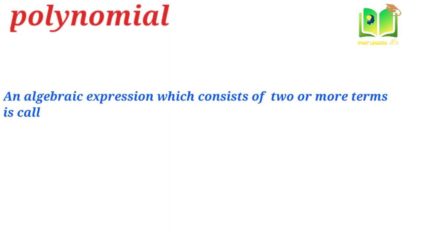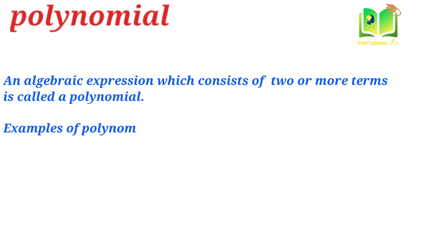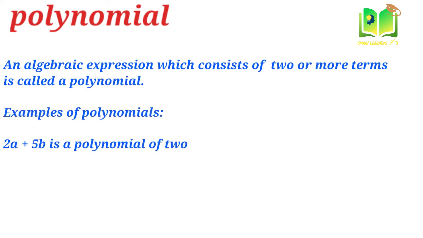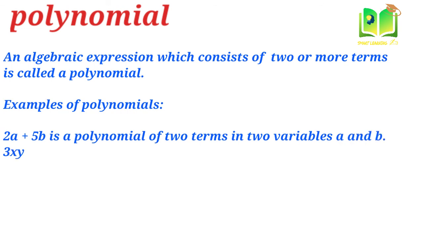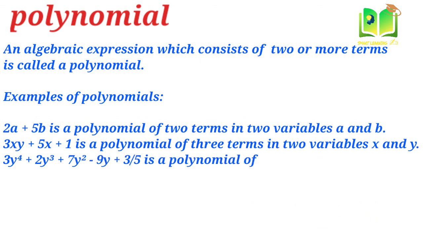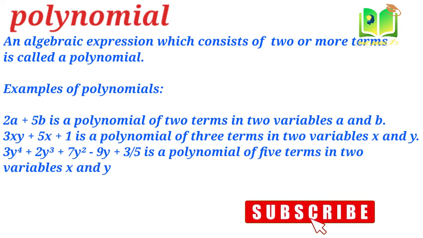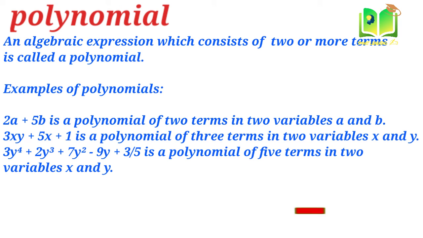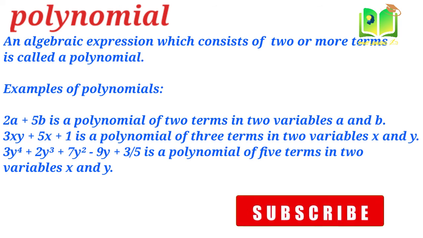Now we will discuss polynomial. What is a polynomial? An algebraic expression which consists of two or more terms is called a polynomial. It means that 2a plus 5b, 3xy plus 5x plus 1 and 3y to the power 4 plus 2y cube plus 7y square minus 9y plus 3 by 5 are also polynomials.